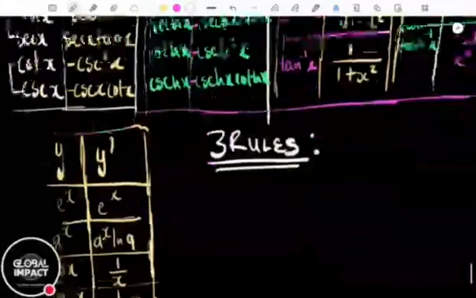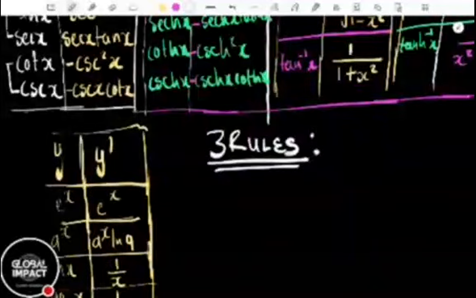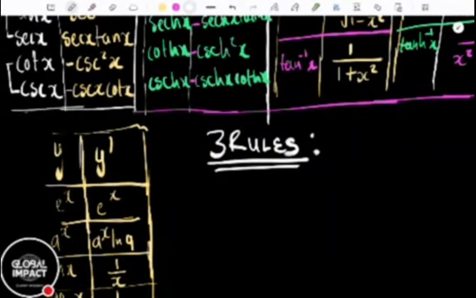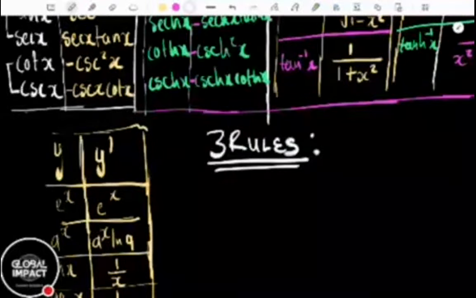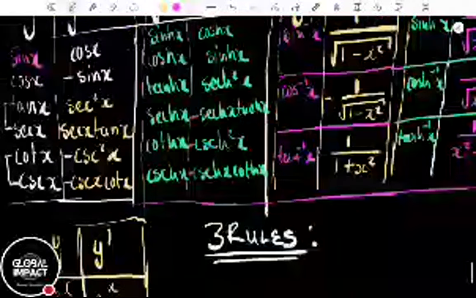Now, when you say, okay, I know everything in this table, I'm good with it, we say, are you sure? You say yes. We say, are you really sure? You say yes. Then we're going to say, okay, now you must know how to differentiate them when they are combined. When you have two friends multiplying, like you've been dealing with cos inverse, you know how to do it on its own.